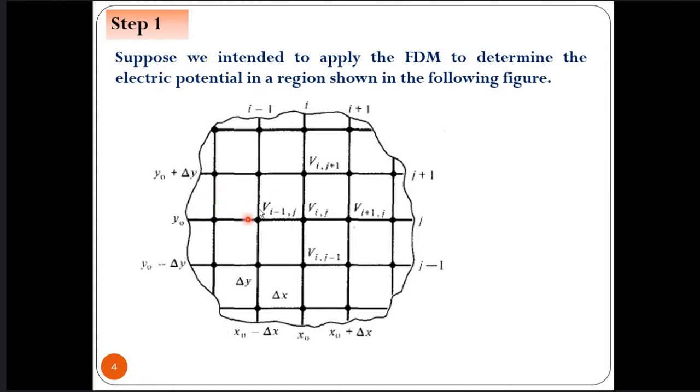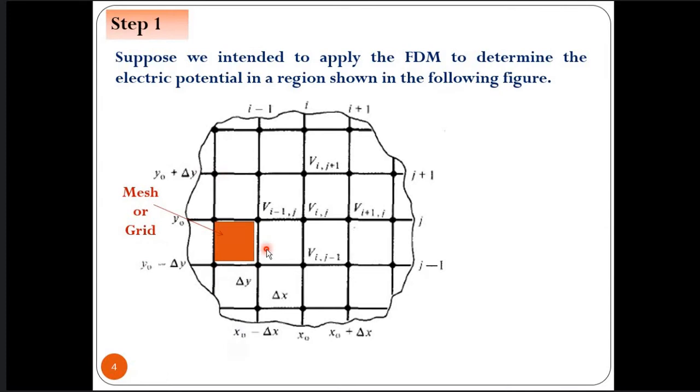As per this drawing, 1, 2, 3, 4, 5, we have drawn 5 horizontal lines and 5 vertical lines that divide the entire given solution region into a number of meshes or grids. A mesh or grid means a particular unit cell, and the crossing points of these lines, which divide the entire solution region, are called the nodes.